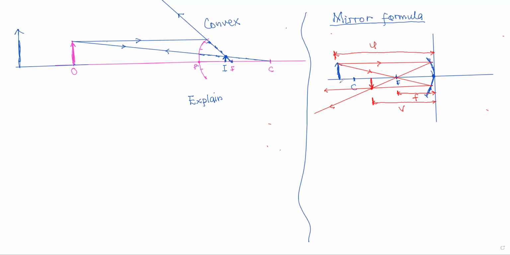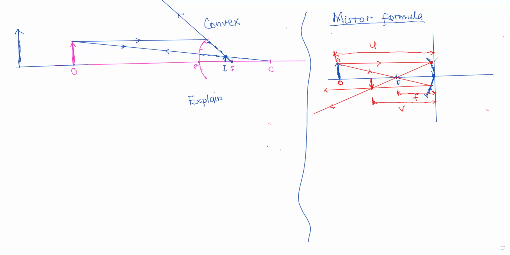Let's label these points. Let's clear the center of curvature because we are going to represent letters and it will confuse us. So O, A, F is already here.